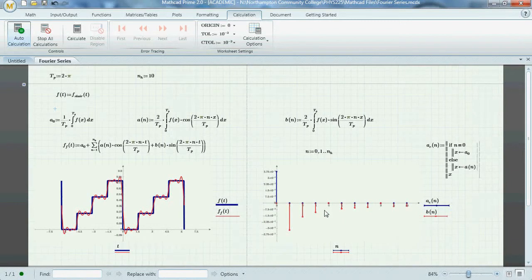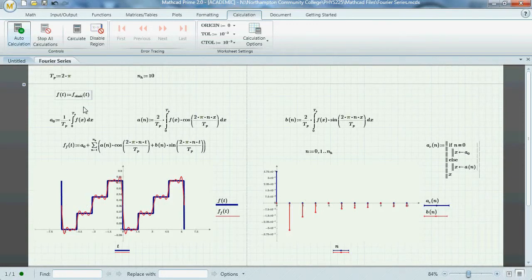And notice the function is all sine. There's no cosine coefficients. And you just have the a naught, which is the average value of this waveform.